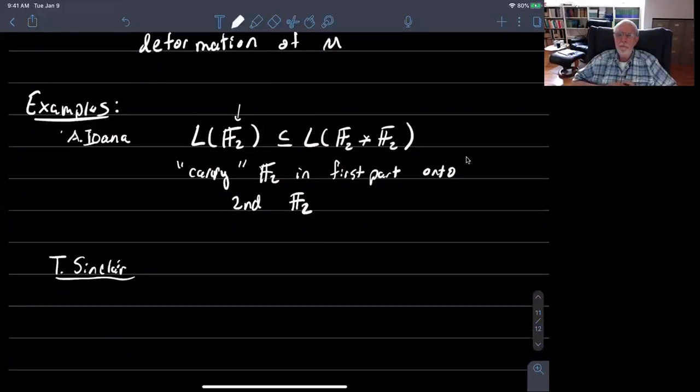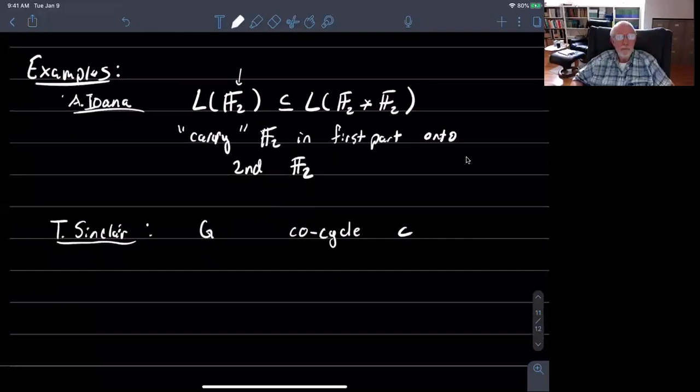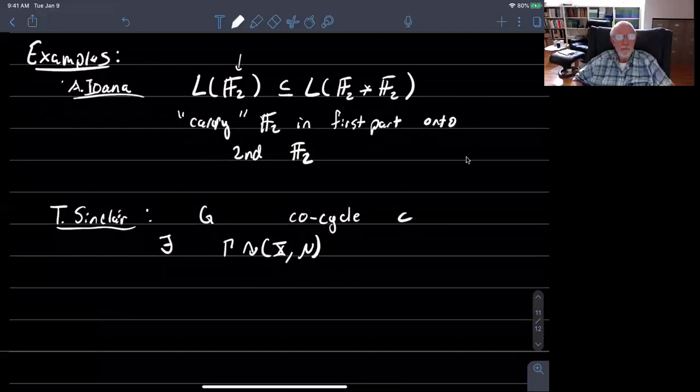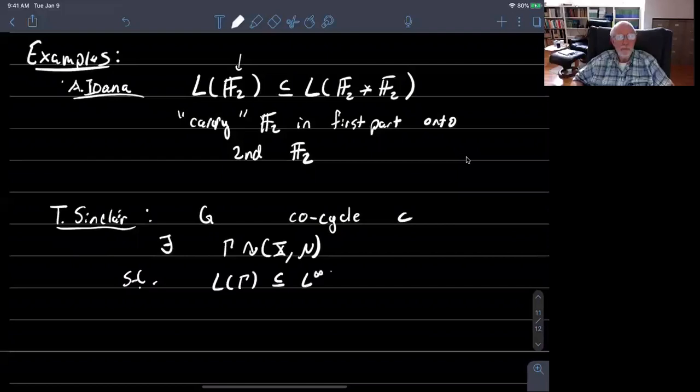What Thomas Sinclair was able to do was to show that if you have a group and you have a cocycle, it doesn't necessarily have to be bounded or unbounded, but just as long as you have a cocycle, you can construct an action of the group on some measure space such that, let's say, L of gamma sits inside of L infinity of the space crossed by gamma.